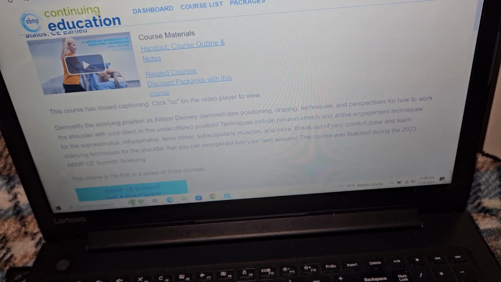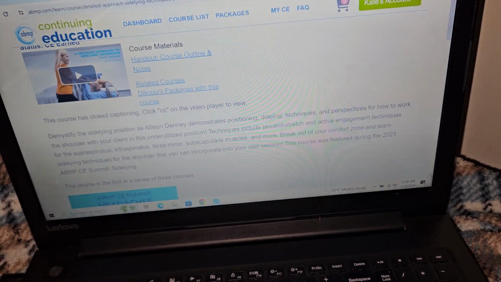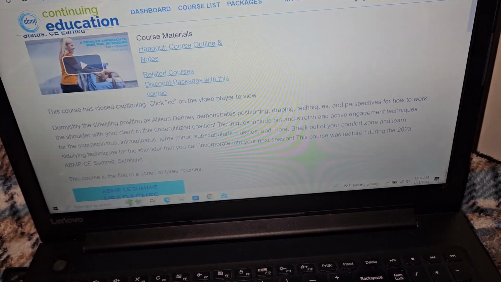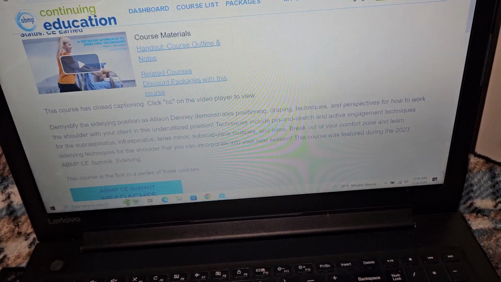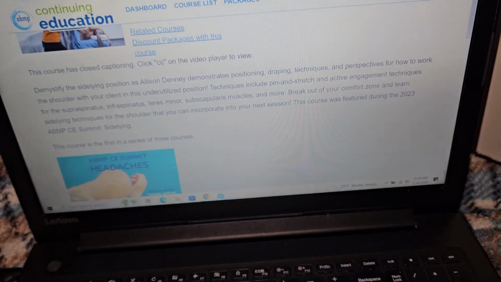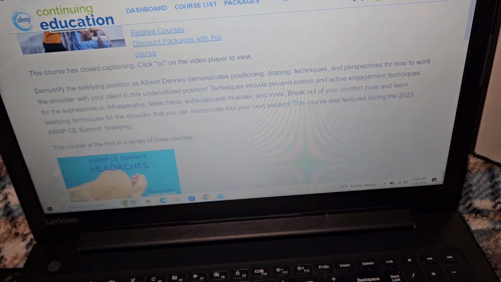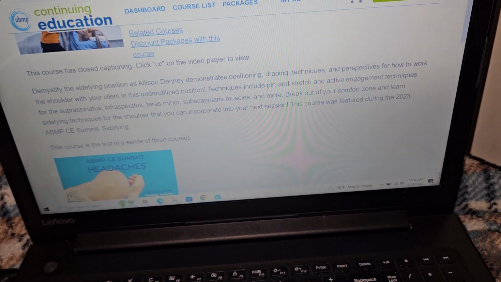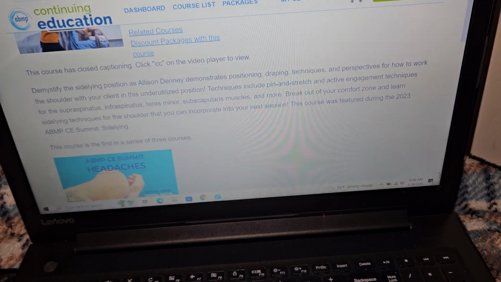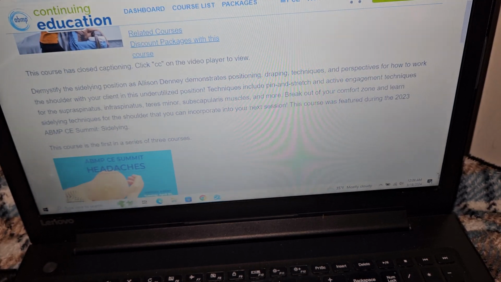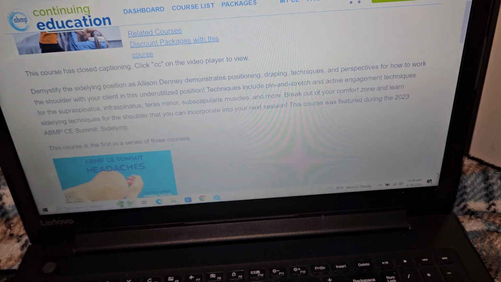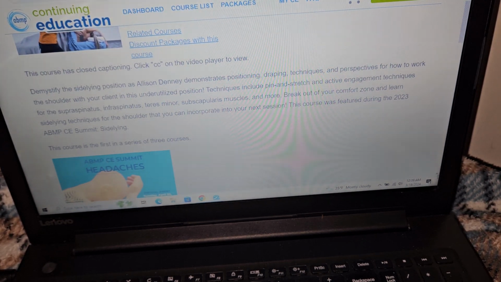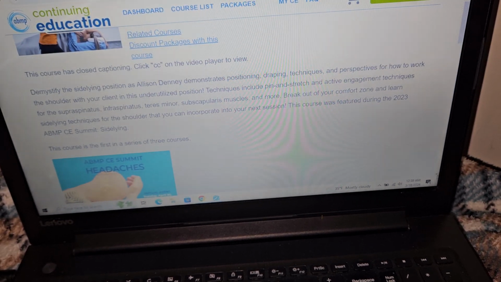Okay, so this class is taught by Allison Dene, or whatever. I don't know what that D word is. The sidelying position: Allison Dene demonstrates positioning, draping techniques and perspectives for how to work the shoulder with your client in this underutilized position.